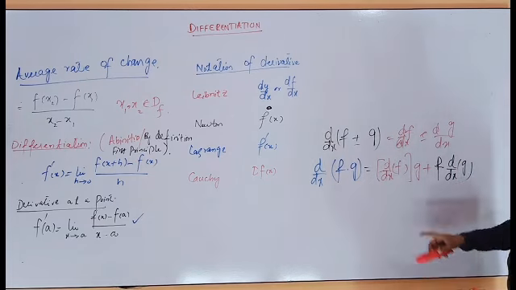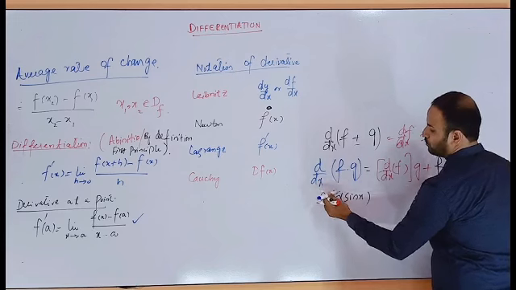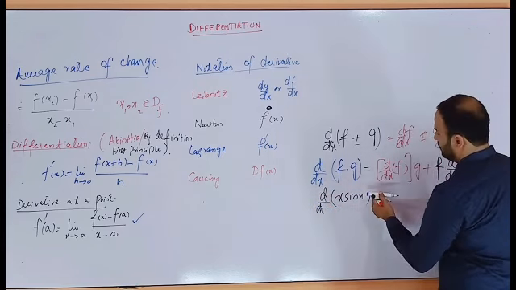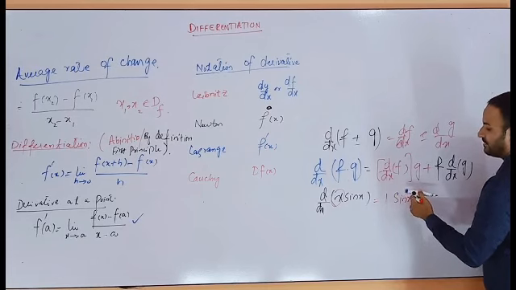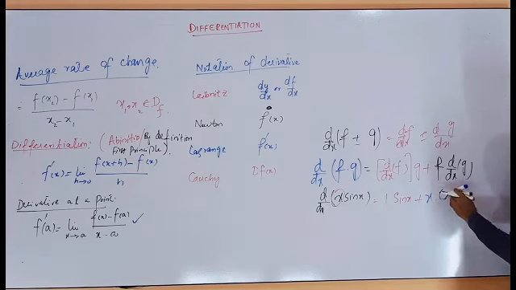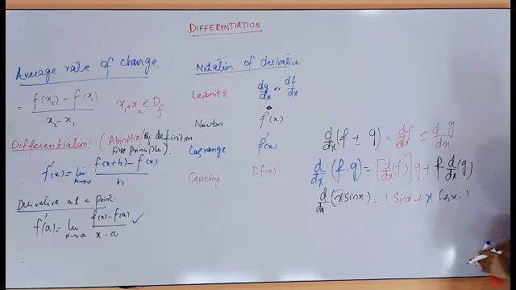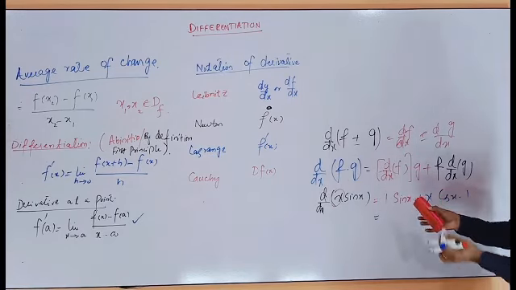Okay, you can see here, if there is a function x sin x and you want to take the derivative, take the derivative of the first function, that is 1, second remains as it is, plus first as it is, take the derivative of the second, cos x into 1. Okay, so you can simplify it. So this is the product law.